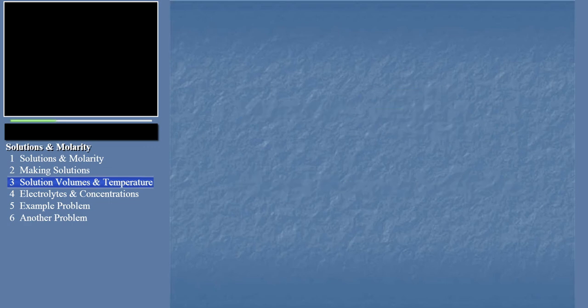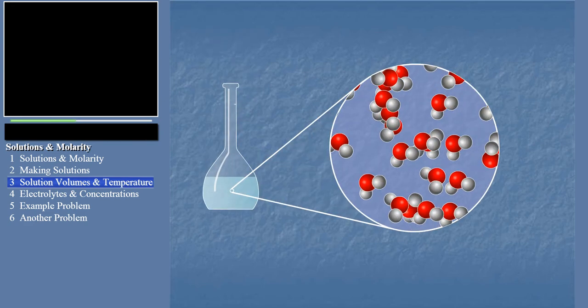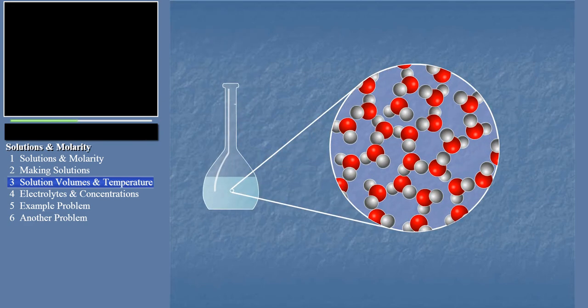You may also ask, why did I stop when the flask was half full to dissolve the potassium nitrate? Why not just fill it up right from the start? Well, this question brings to mind an interesting feature of solutions. A typical solvent, like water, is composed of molecules like this. Notice that there are spaces between the molecules.